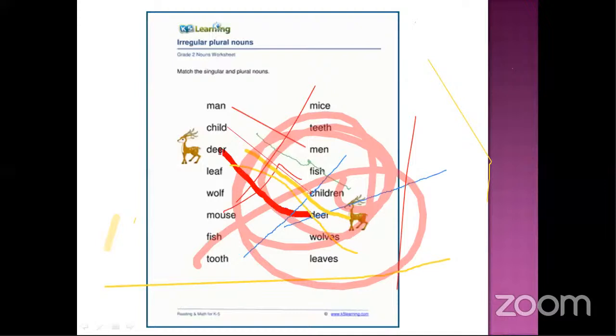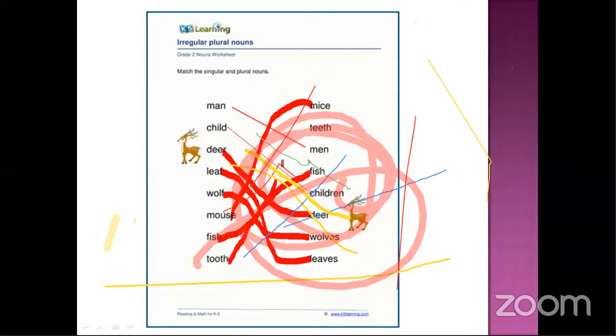The other one is leaf. What is the plural one? The last word, leaves. Next one, wolf. What is the plural one? Wolves. Good. Mouse, the first one, mice. The plural of the word mouse is mice. Fish, fish, same noun.